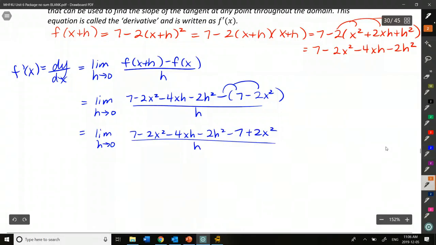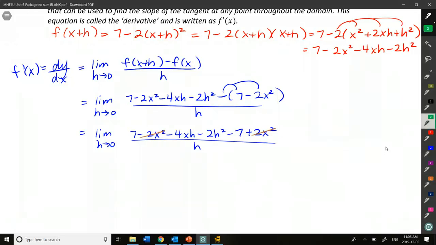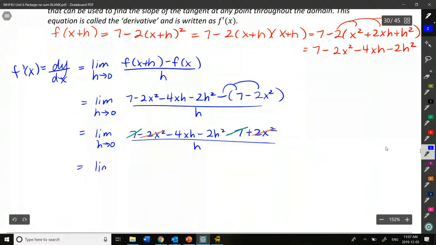Okay, and usually what you're going to notice at this step is that a couple things will cancel out. What do you guys notice is canceling out here? Alexandra? The negative 2x squared and the plus 2x squared. Yep, anything else? Liam? 7 and negative 7. Okay, so here's what we've got left at this point.